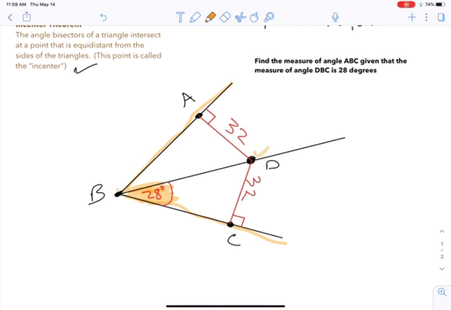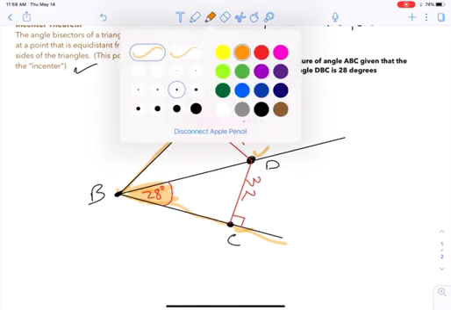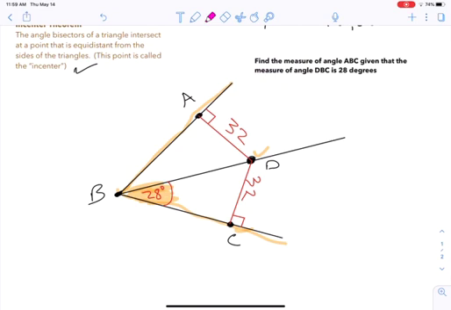And really, the key to this is that we have this situation. We're given that this distance is 32. It doesn't even say 32 what, but the perpendicular between D and C is 32 units. The perpendicular between D and A is 32 units.